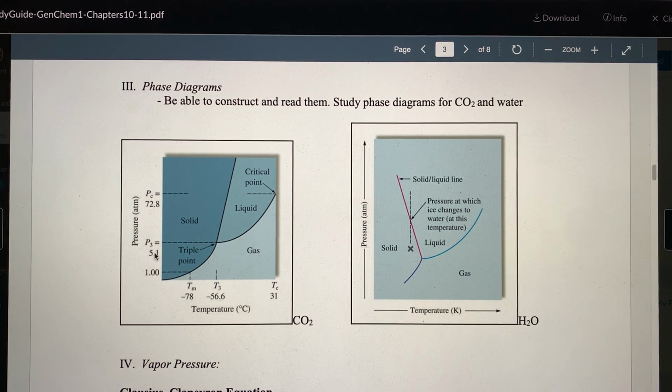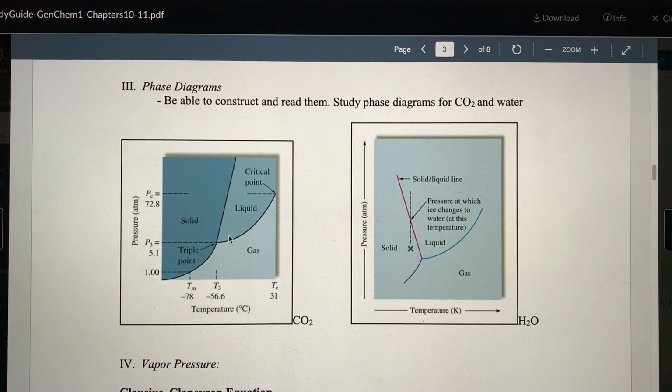P3 for CO2 is about 5.1 atm and the temperature is about negative 56.6 degrees Celsius. When you get that combination of pressure and temperature, you get all three phases: solid, liquid, and gas CO2 exist at the same time. Now, if you have higher pressure, it's going to turn into a solid. If you have lower pressure, it turns into a gas.